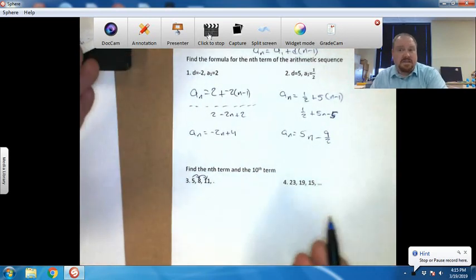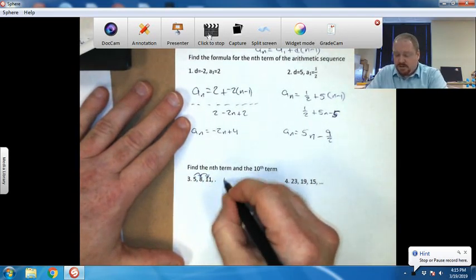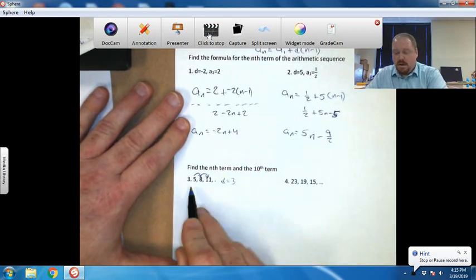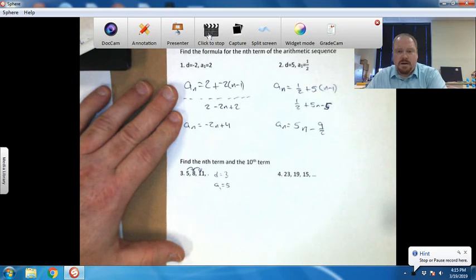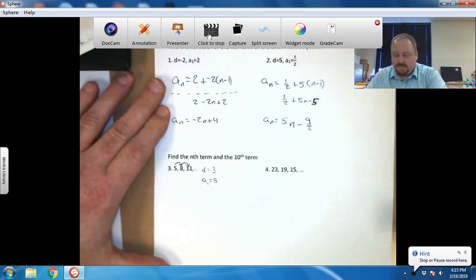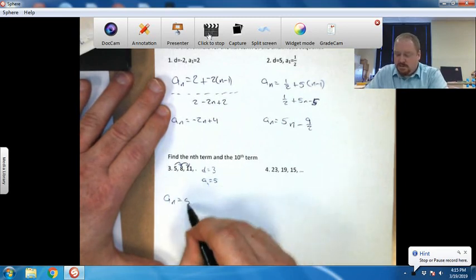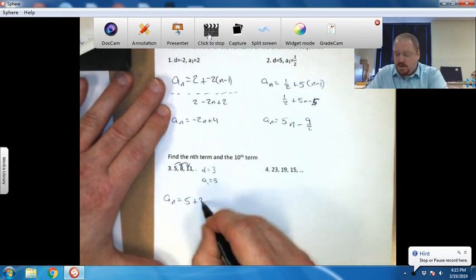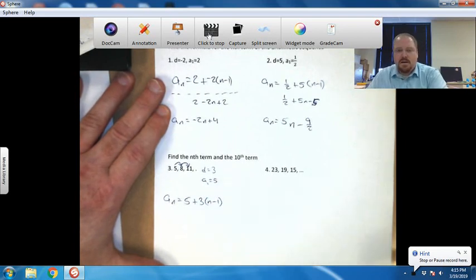I can add 3. So that's my common difference here. My first number here is 5. So now I just have to plug into the formula. So a sub n equals 5 plus 3 times n minus 1. That's my equation.